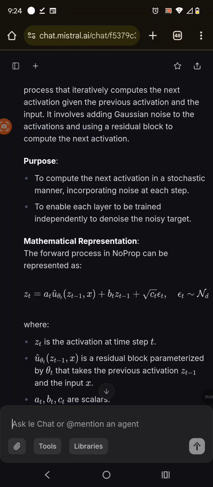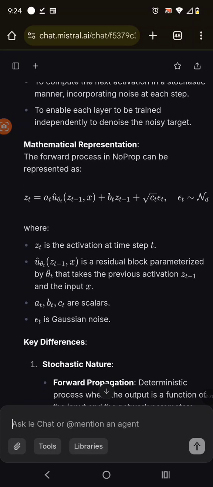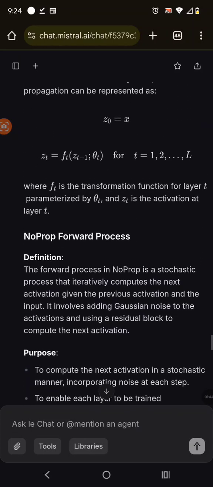Z_t = u_t(Z_{t-1}, X) + epsilon, where u_t is a residual block parameterized by theta_t that takes the previous activation Z_{t-1} and input X, and epsilon is the Gaussian noise.